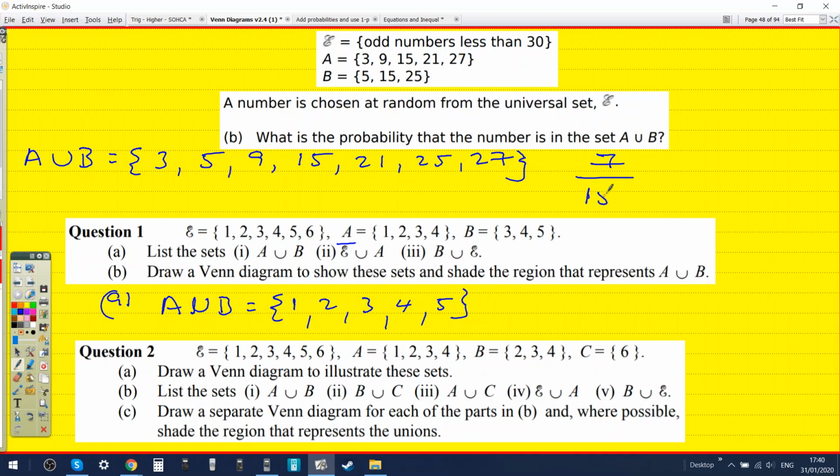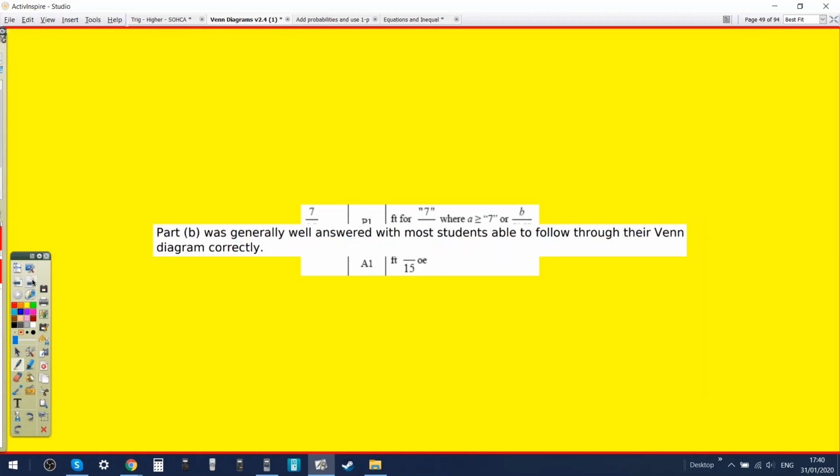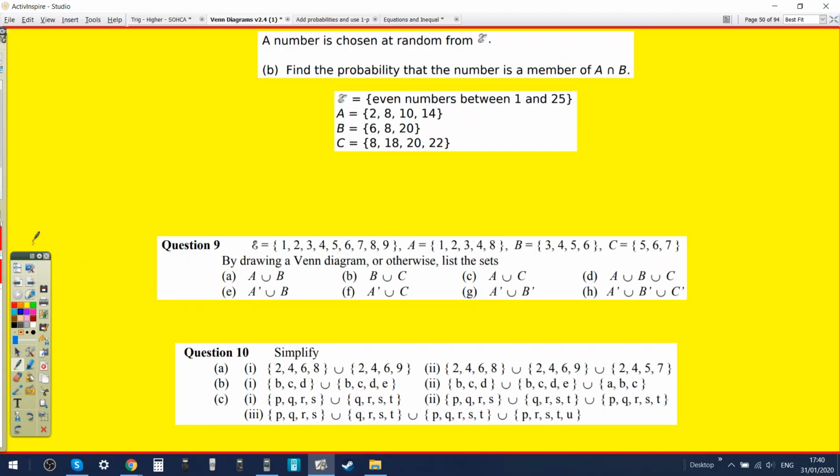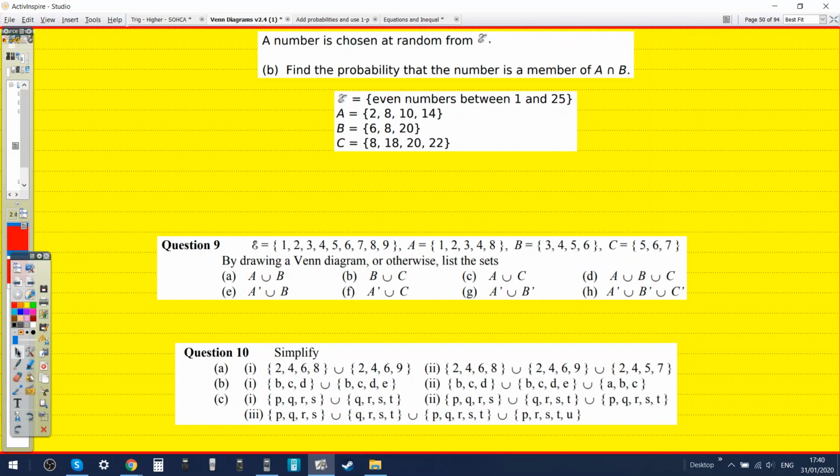Yep. So it's 7 out of 15. That was a union. Same idea, except this time you've got 3 things going on. So try this up the top.